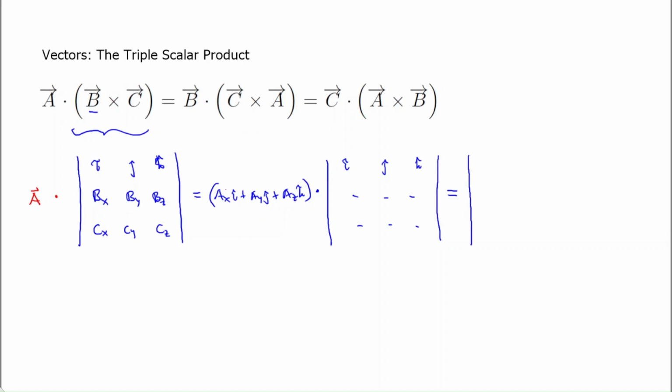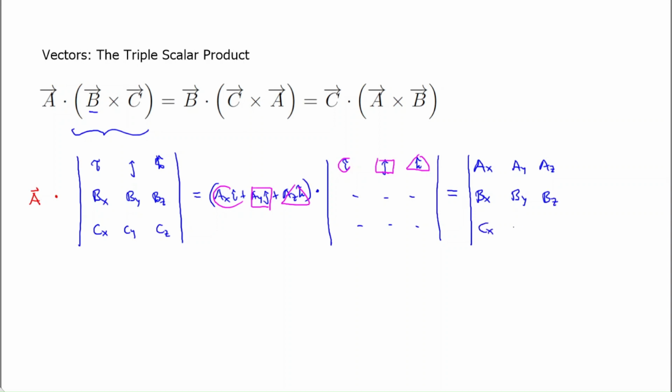What that essentially does is we have A sub x i dotted with the i, A sub y j dotted with the j, and A sub z k dotted with that k. Basically, what that amounts to is that the vector components A sub x, A sub y, and A sub z take the place of the i, j, k in the top row of the determinant.